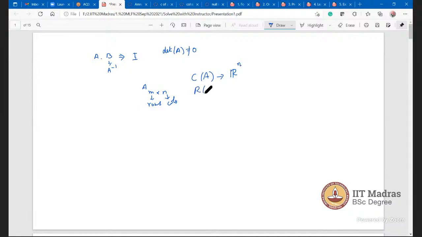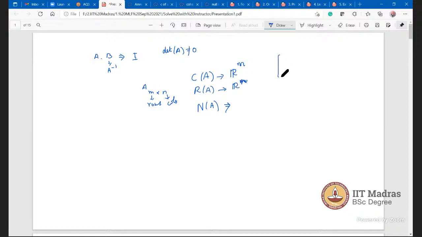So the row space of A will contain your rows, so it is a subspace of R^n. And the column space of A contains the columns, therefore it is m.